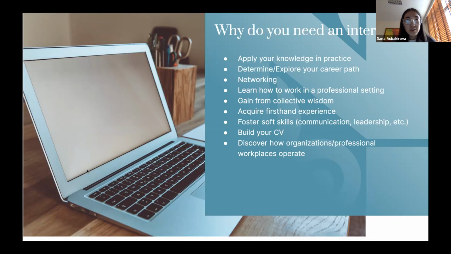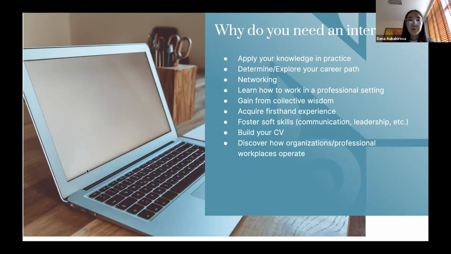Also, an internship helps you to determine and explore your career path. It also helps in gaining some important connections, networking, that can guide you during your bachelor degree and maybe help you to get into graduate school, or to find some job after graduation.